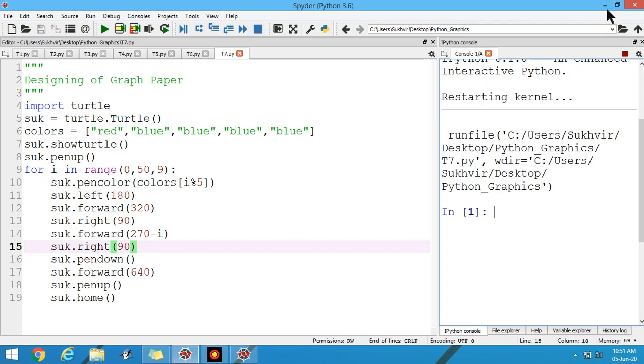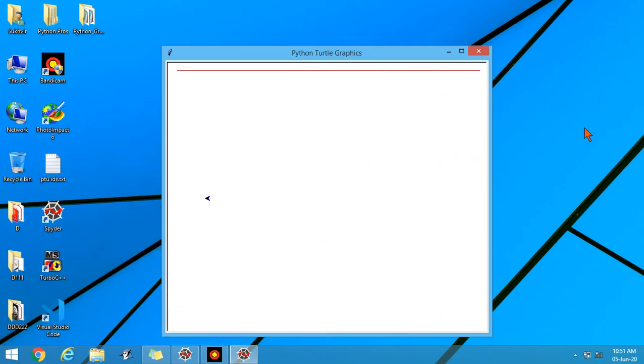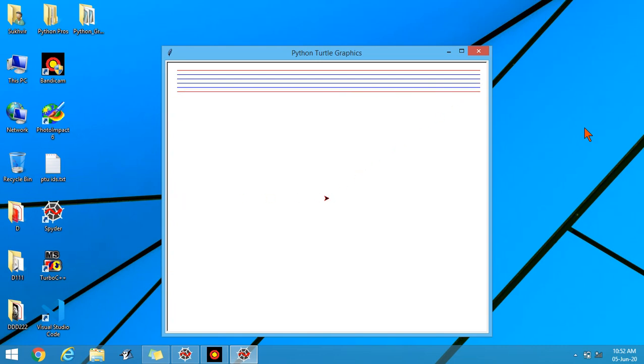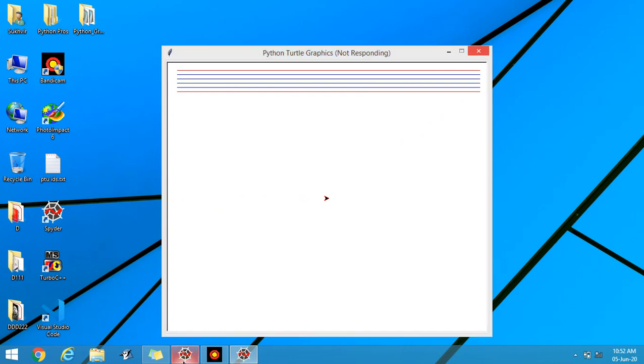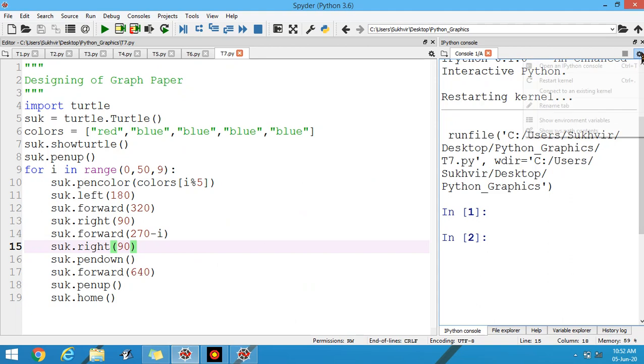Kernel is restarting. First is red, now it's okay. Second, third, fourth, fifth, and sixth is again red. Now it's okay. Now we can change. Restarting the kernel again.